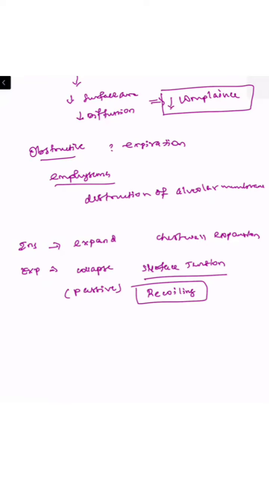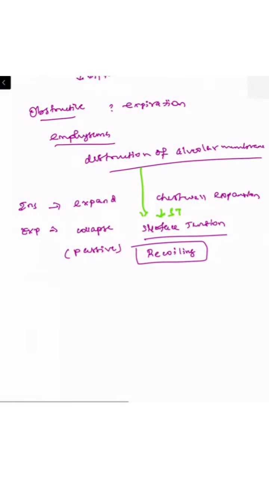But during obstructive lung diseases, there will be destruction of the normal alveolar membrane. This in turn reduces the surface tension. So automatically, the normal elastic recoil capacity will be reduced.